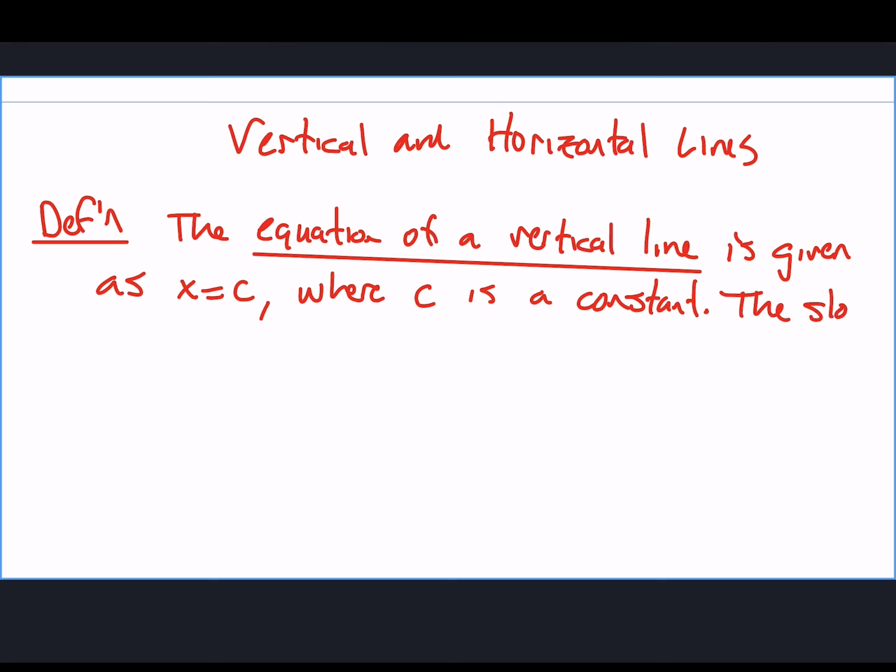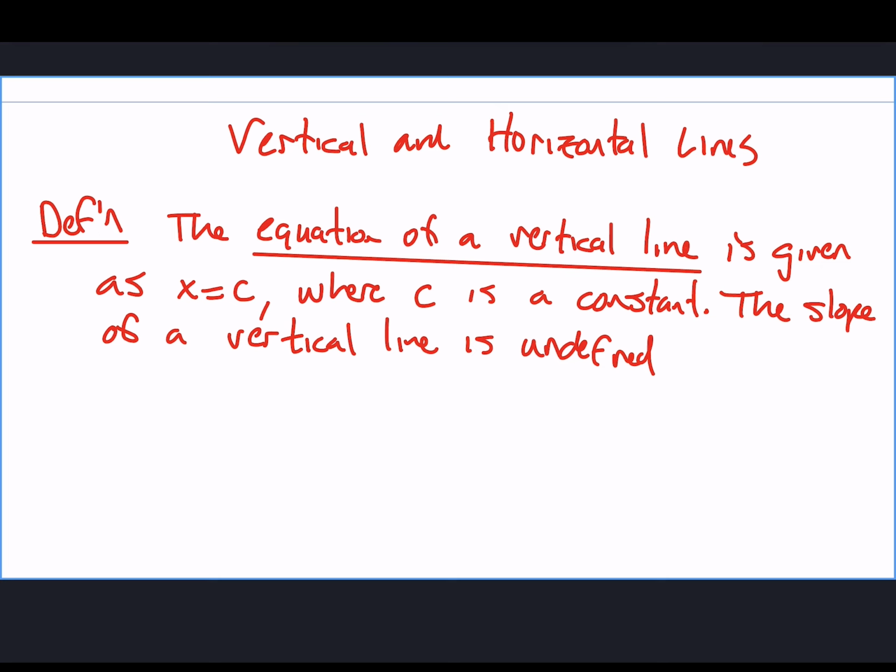The slope of a vertical line is undefined. And the reason why the slope is undefined is because in the slope formula you have y2 minus y1 divided by x2 minus x1.